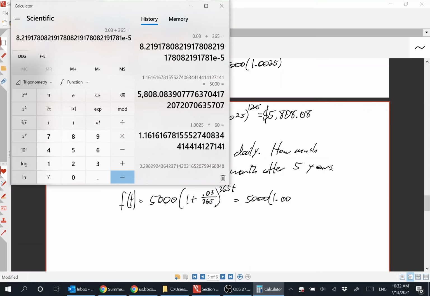Remember this notation: 8.2191 e to the negative fifth. This e doesn't mean Euler's constant. It just means 10 to the negative fifth. So this is 4 zeros with an 8 at the fifth decimal place. Move the decimal point 5 spaces to the left.